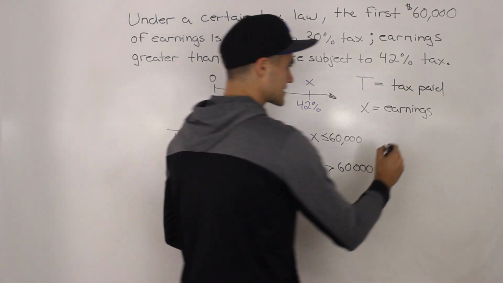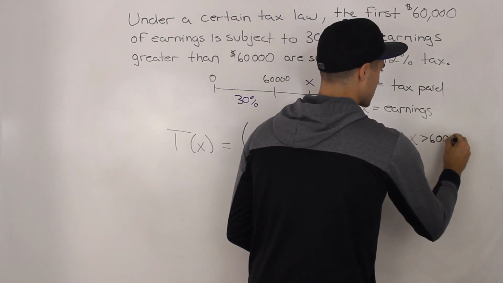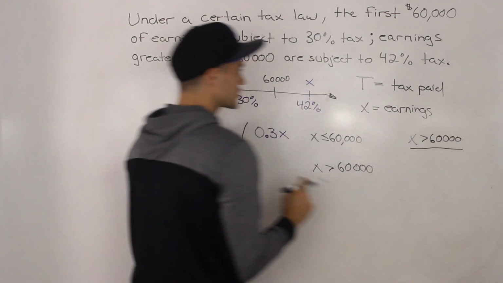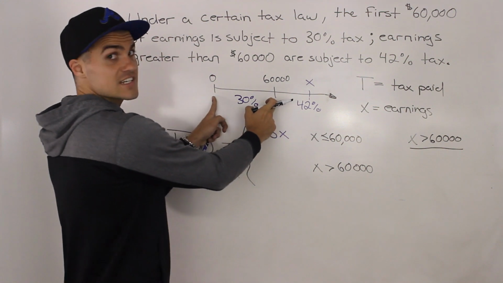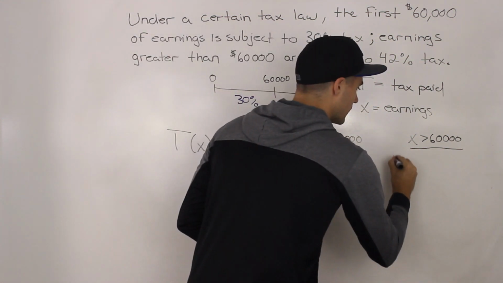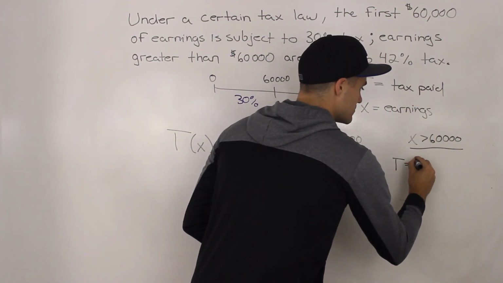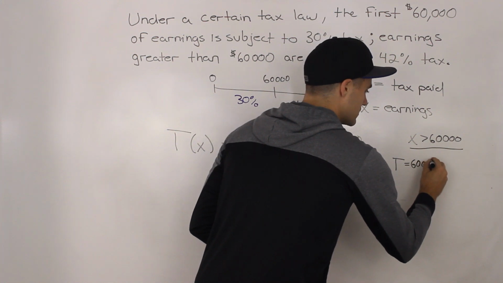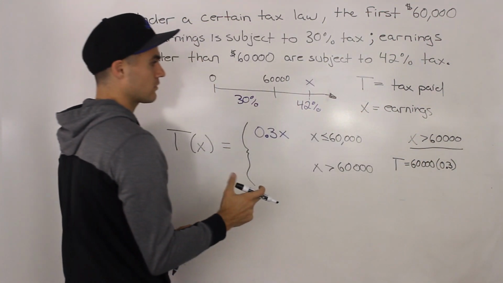Well, what's the tax going to be when x is greater than $60,000? Well, if it's greater than $60,000, then we for sure know that for the first $60,000, we have to pay this 30% tax. So we know that our tax is going to be $60,000 times the tax rate of 0.3.